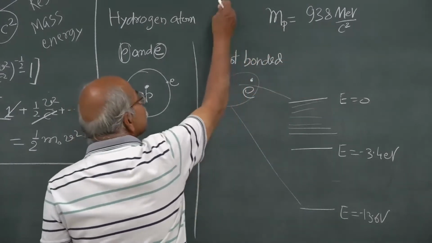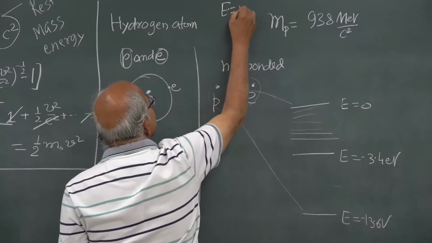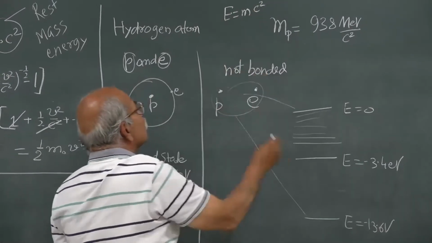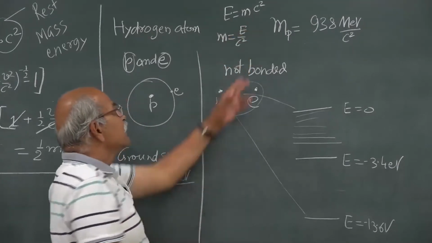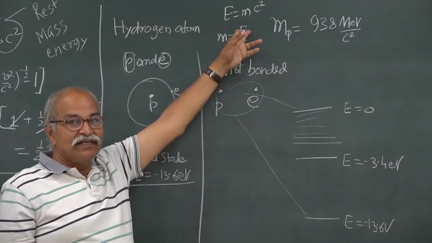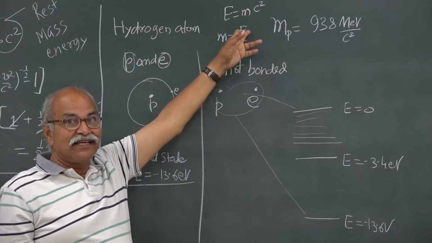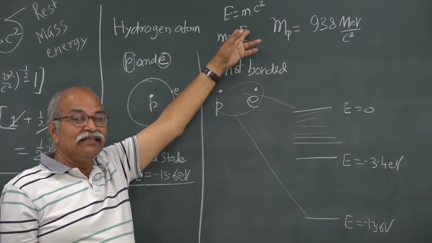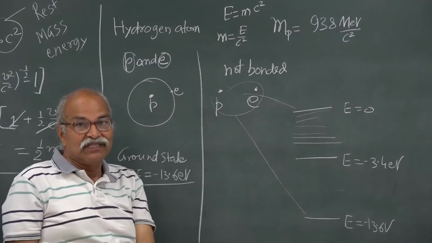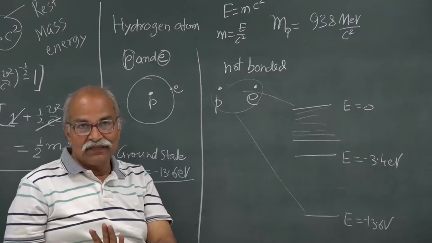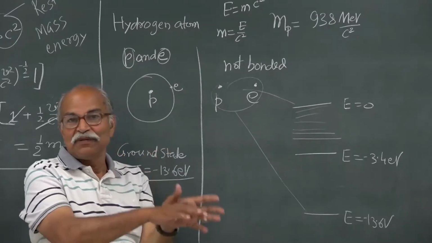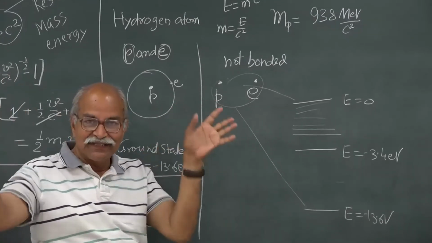You know, energy is mc square. So, m is E by c square, and one unit of energy is the electron volt. The SI unit is joule, but then you also talk of electron volt. So, you know how many electron volts will make 1 joule, or how many joules will make 1 electron volt, that conversion you know.